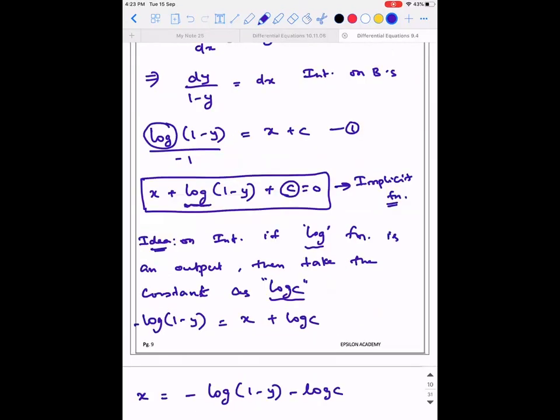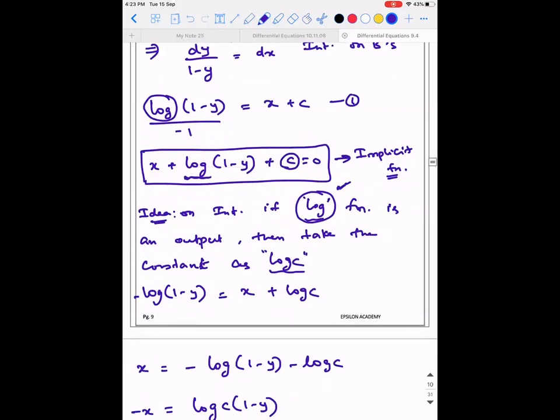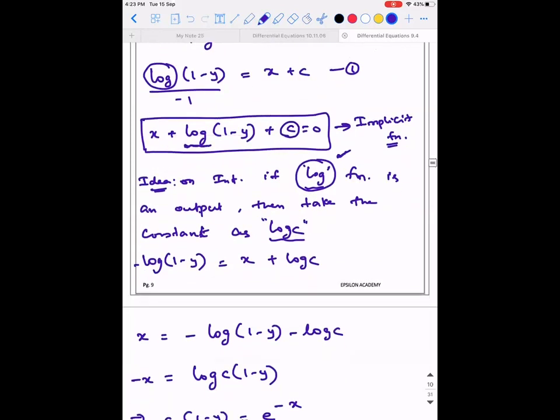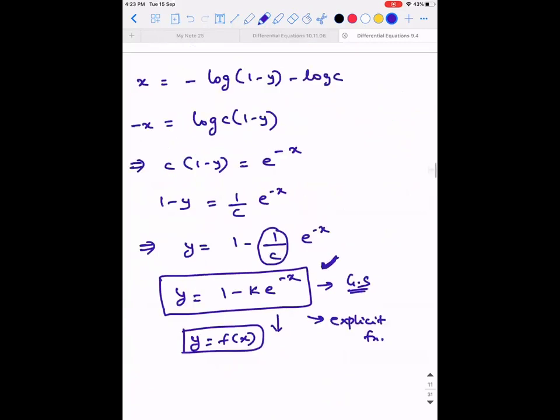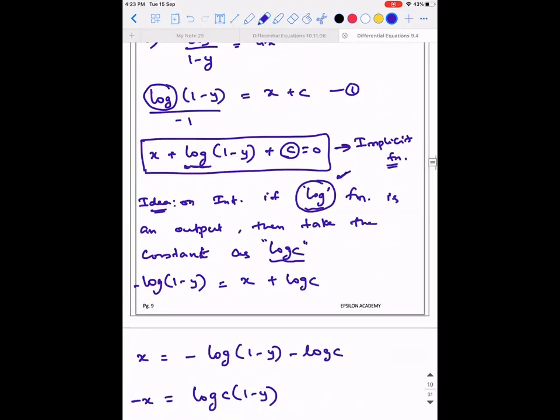So whenever on integrating you have a logarithmic function, most importantly when one function is a logarithm and the other is some other variable, if they expect you to express it as an explicit function, that is y is equal to f of x format, then instead of taking the constant as c, you're allowed to take it as log c also.